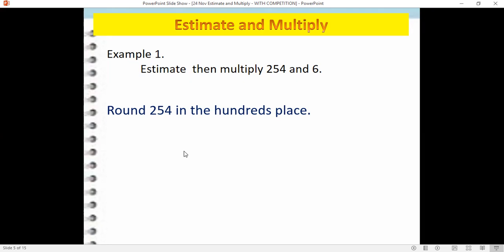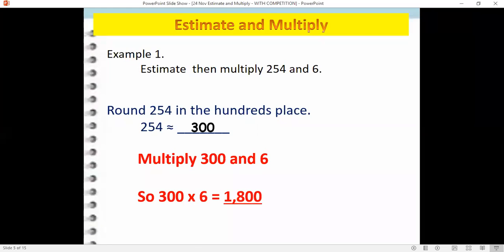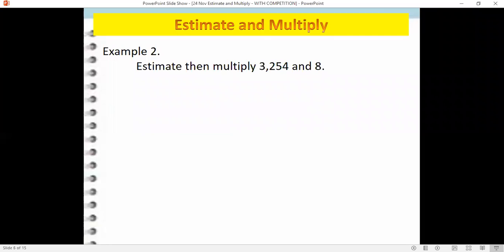Do you still remember the rules in rounding numbers? So 254 is 300. Then once we have rounded the number, we are going to multiply 300 by 6. So 300 times 6 is 1,800.